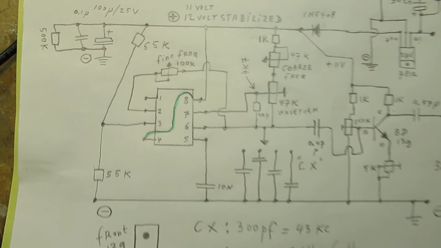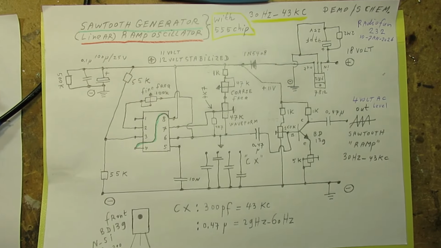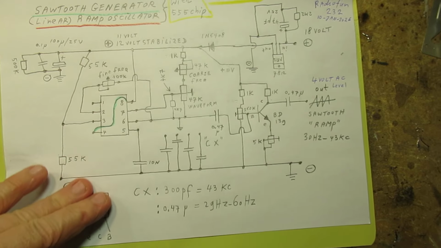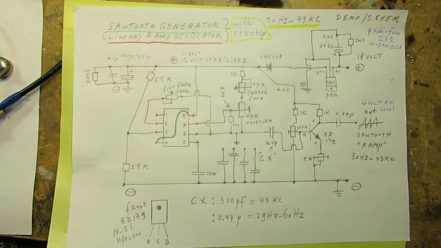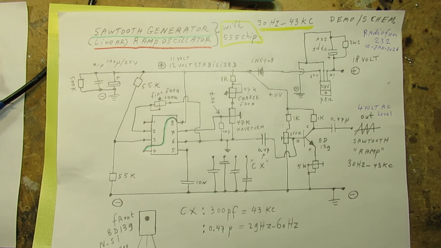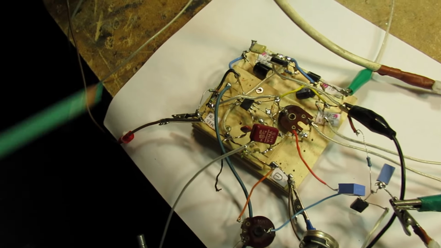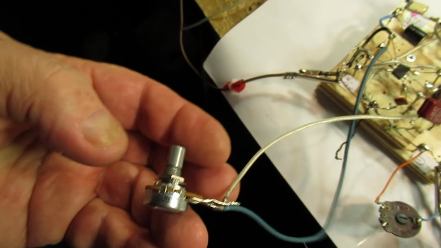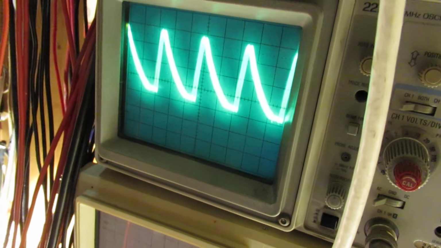So I think you will not find this circuit on the World Wide Web. Perhaps you will find it somewhere, but it is invented by me and it works very nicely and properly. So let's tune the fine tuning.